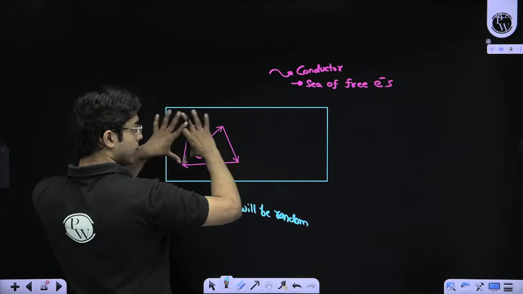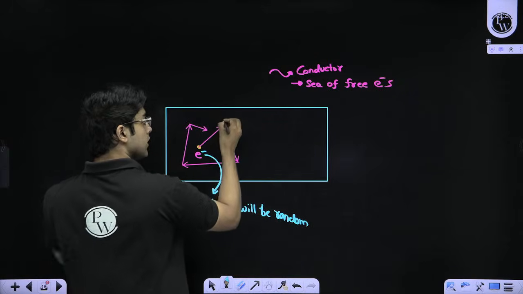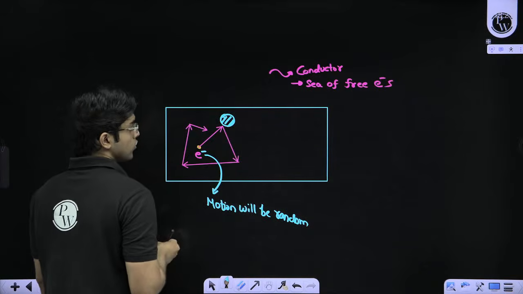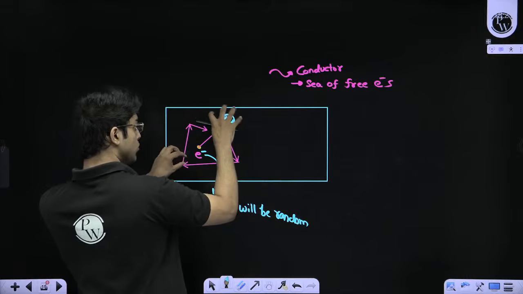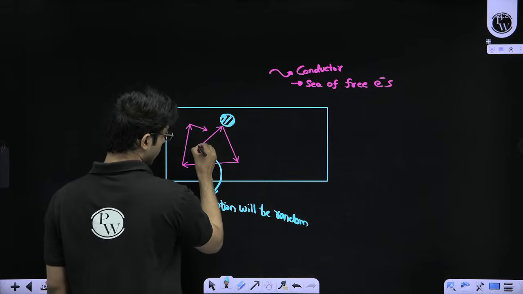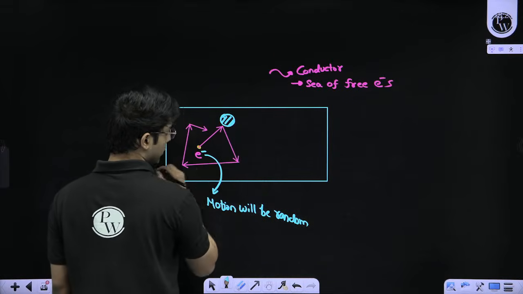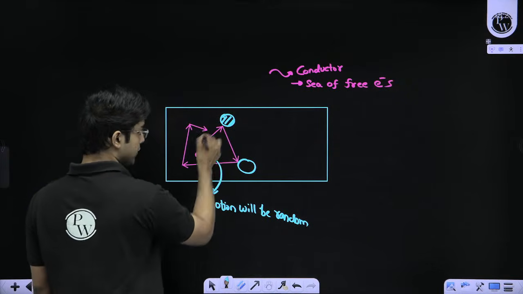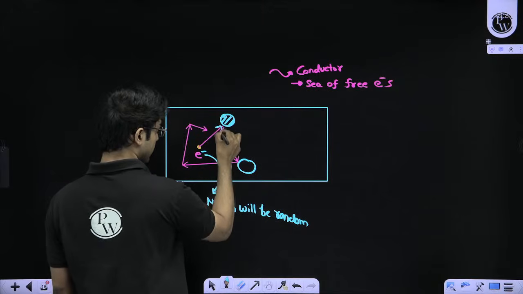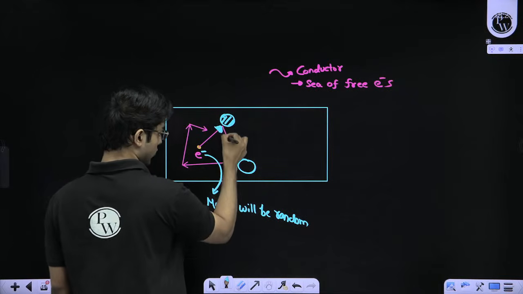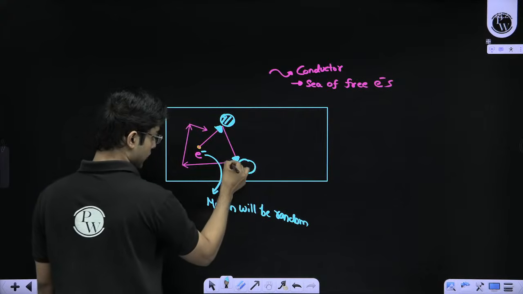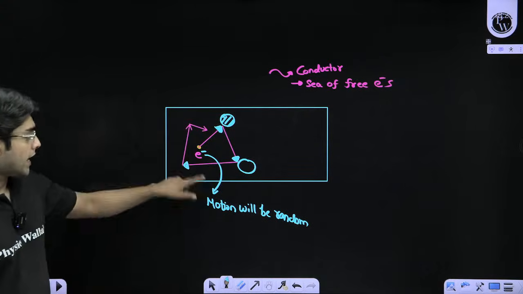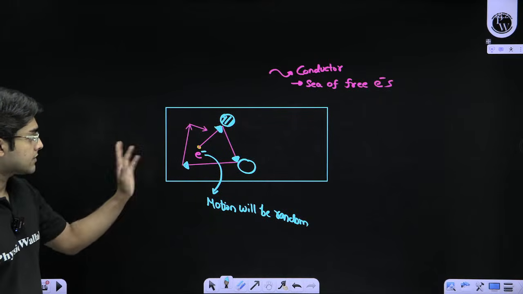If this is a copper conductor, there will be large copper nuclei present everywhere. These copper nuclei are like huge spheres compared to the electron. So the electrons will collide with these copper nuclei, and these collisions will deflect the electrons in different directions. After the first collision, the electron moved like this, and after the second collision, like this, and so on. So it's a very random motion of the electron in a zigzag path, okay?